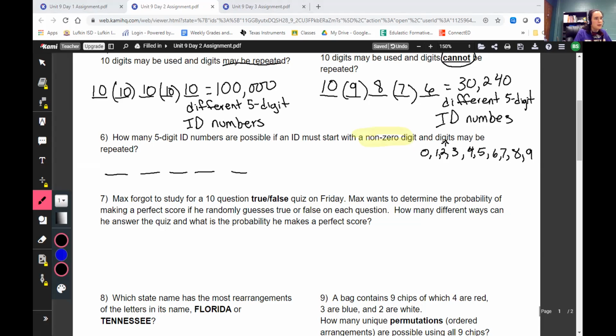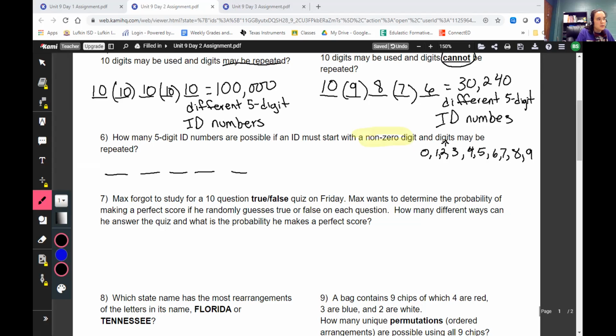So again, if you have a bag, the first one can't start with 0, so we can't have 0 in that bag. So it's 1, 2, 3, 4, 5, 6, 7, 8, or 9. So we have 9 possible options for that first draw. Let's say that we draw out a 2 for that one. Now we can put 0 back in because the next number can be 0.